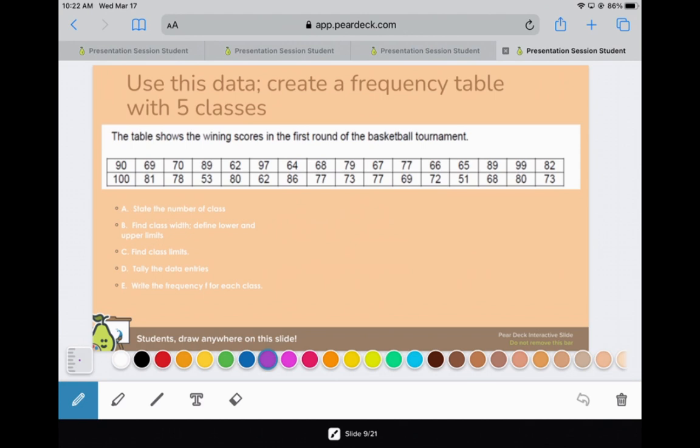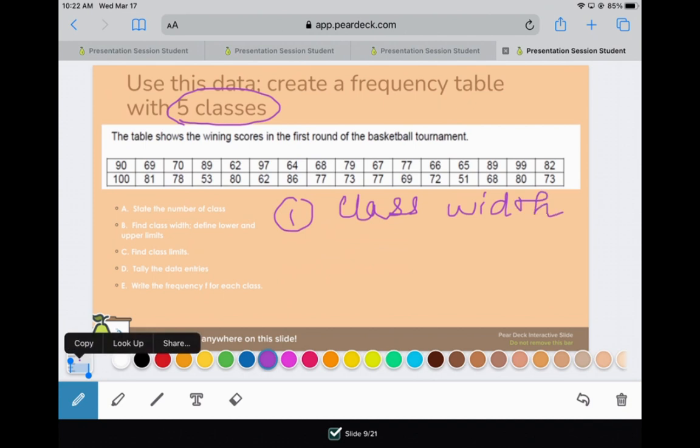I think before class I asked you to do this one as the exit slip. For this one, we're going to create a frequency table with 5 classes.